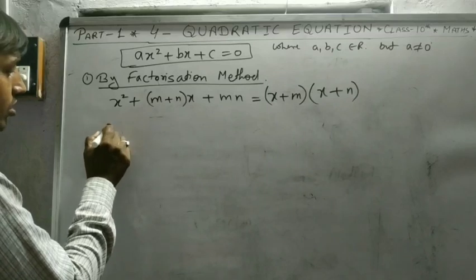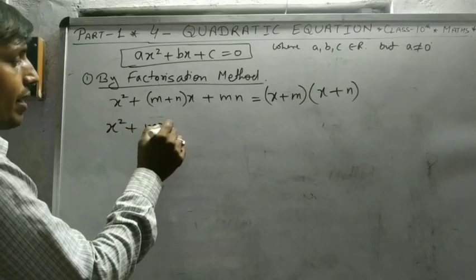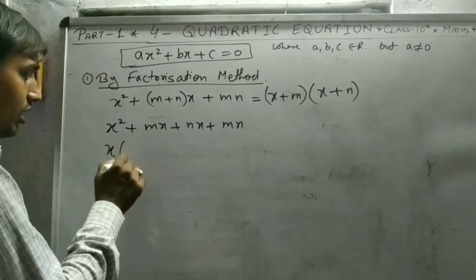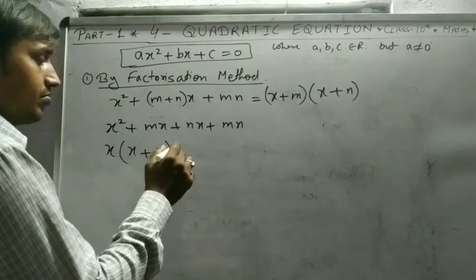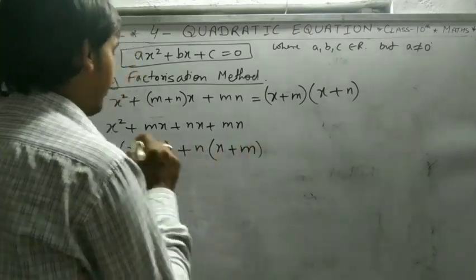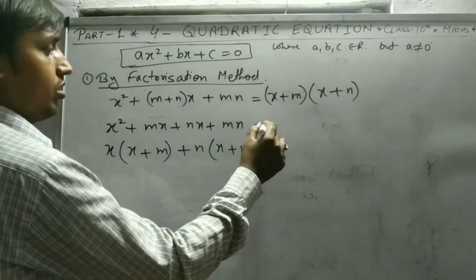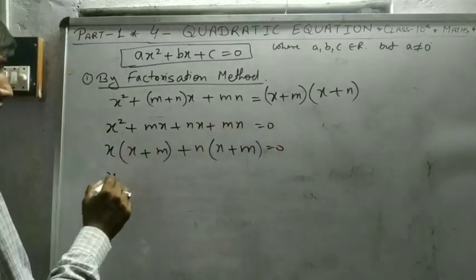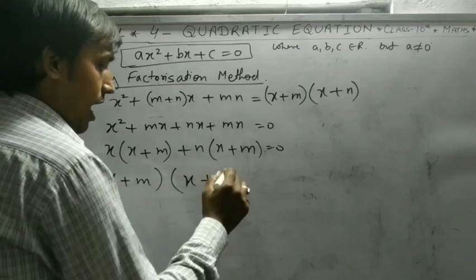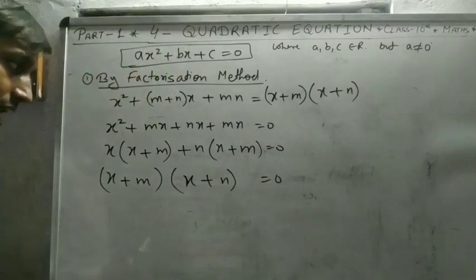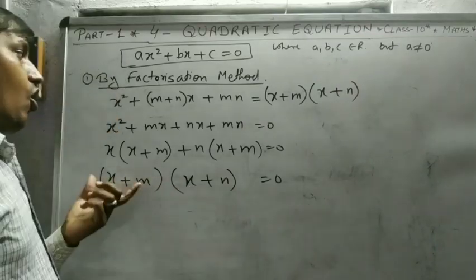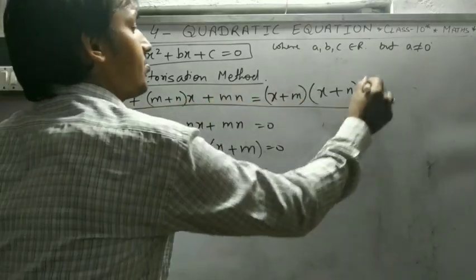We open the bracket: x square plus mx plus nx plus mn. Taking x common from the first two terms and n common from the last two, x plus m is common in both, so we remain with (x plus m) and (x plus n). So these two are the factors of the given expression.